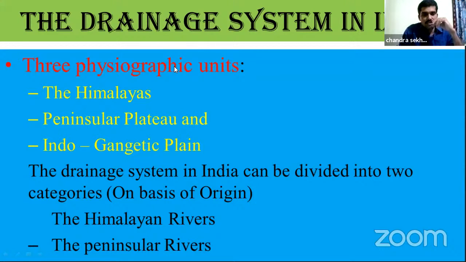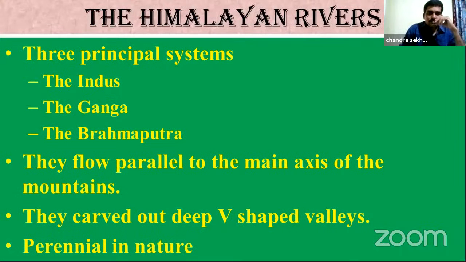So what are the categories in drainage system? Two categories are there. One is Himalayan rivers and the second one is the peninsular rivers. This division is based on the origin of the rivers, where they are originating. That is the important point. Okay, these two river systems are based on the physiographic units Himalayas, Peninsular Plateau and Indo-Gangetic Plain.